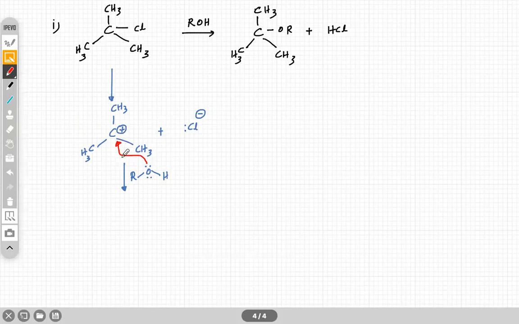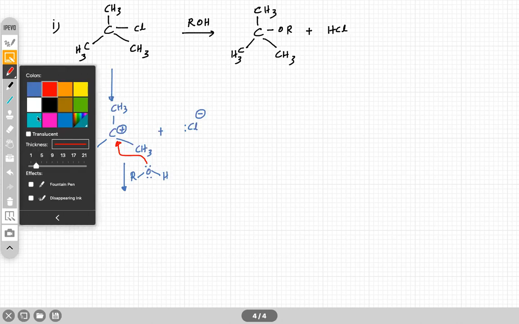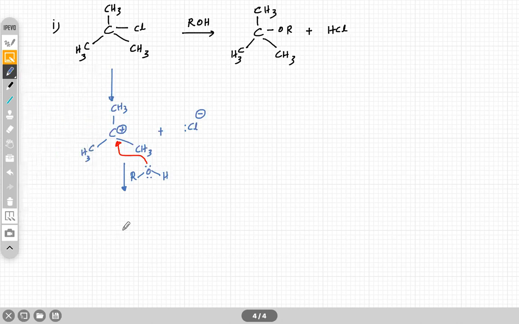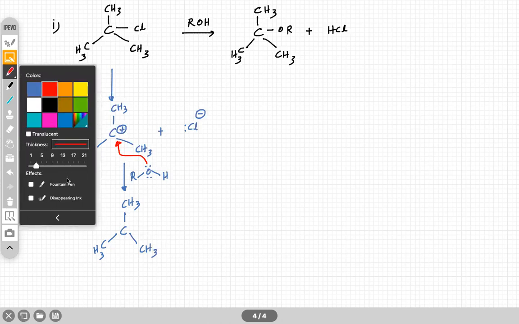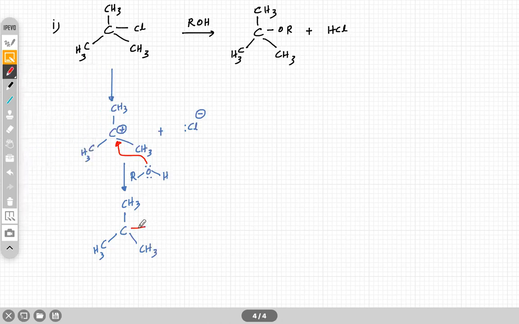It converts into carbon with CH3, CH3, CH3, attached with OR, and H plus comes out. This H plus combines with Cl minus and converts into HCl.